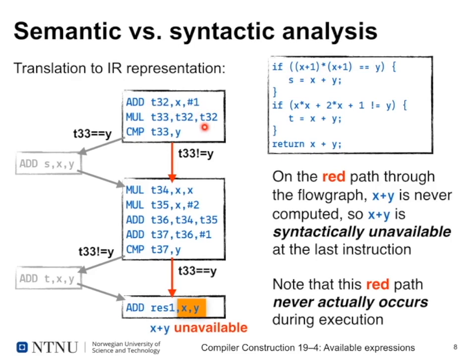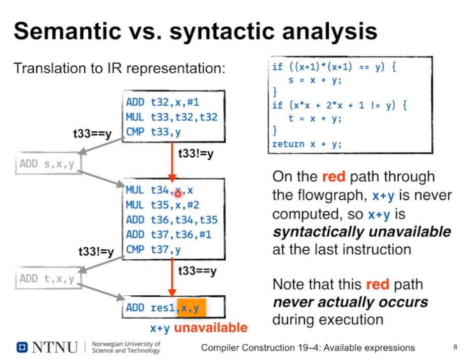Then we multiply t32 with itself, so we square our value here. And then we compare this intermediate value t33 to y. And if it's equal, we add x and y and store in s. If it's not equal, well, we're evaluating the second if condition here in our basic block.